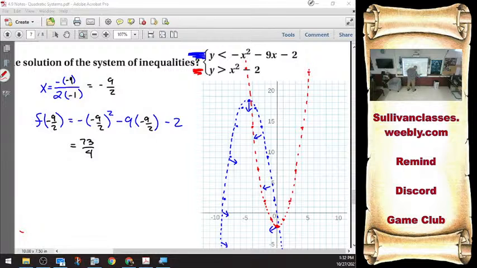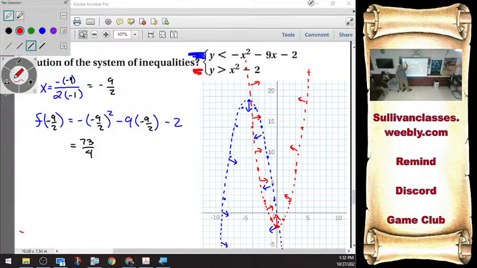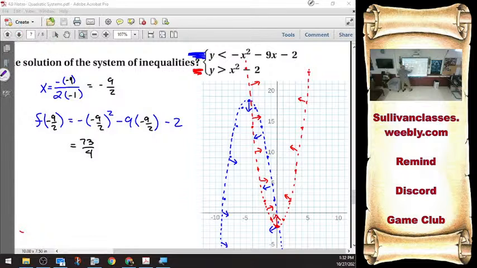So we're going to shade above that parabola. And I have to find the region where both of them are going to be happy, and it's that little ellipse in the middle. This area right here.